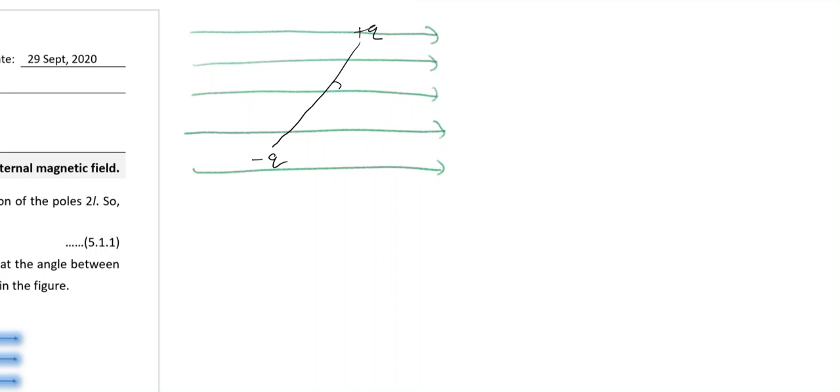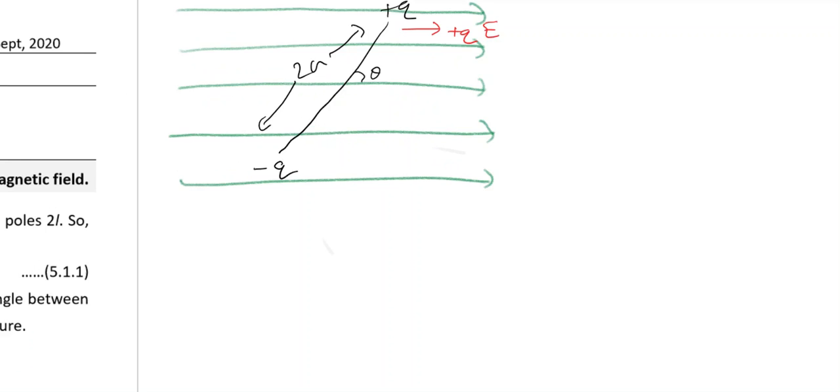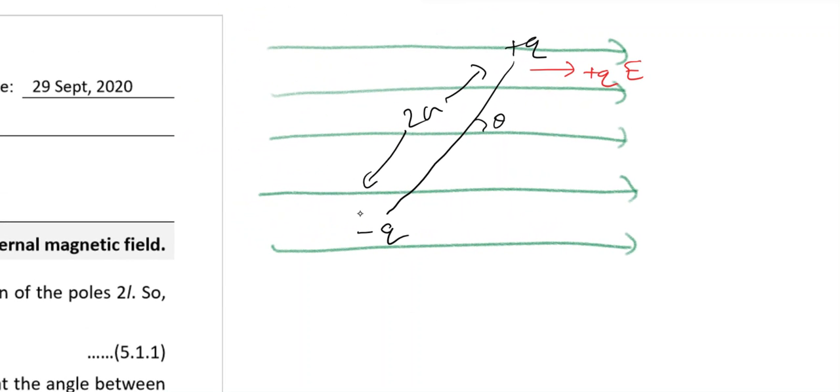We assume that the angle is theta, the length is 2a, and then we look at the force acting on the positive charge. It is plus QE. The force acting on the negative charge will also be QE but in the opposite direction, so minus QE.